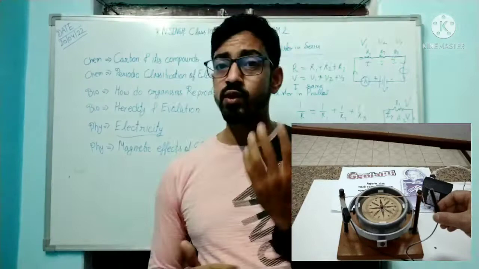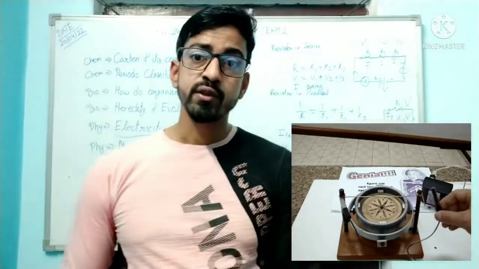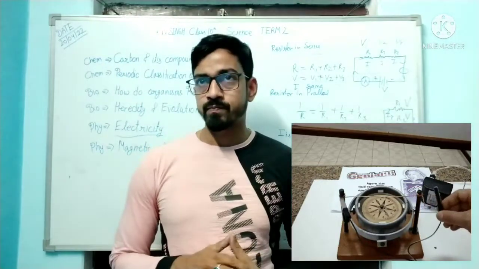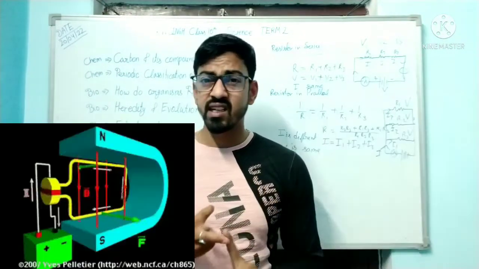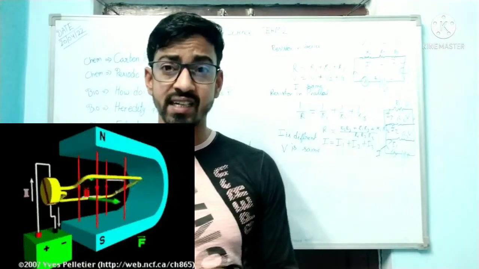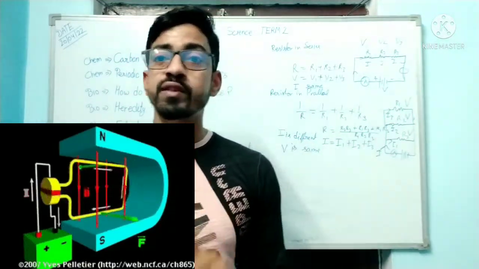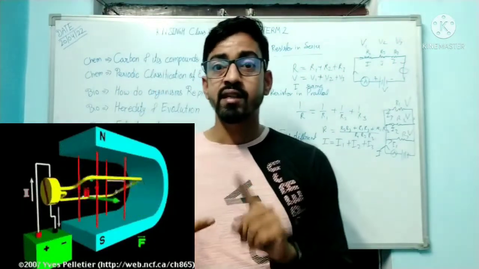How it is deflected, what is the direction, what is the magnitude, which is discussed further, and their applications, like the electric motor and electric generator. The electric generator does not come this year, so we only study the electric motor.